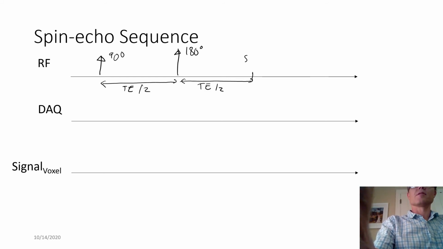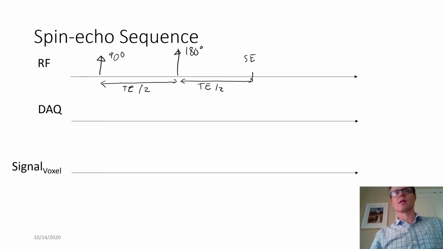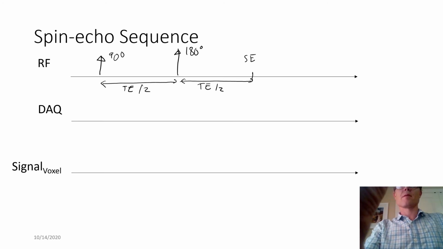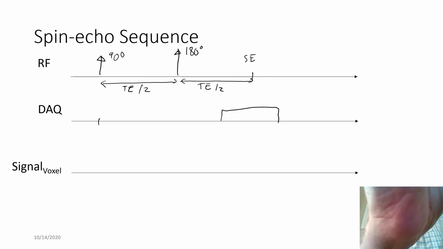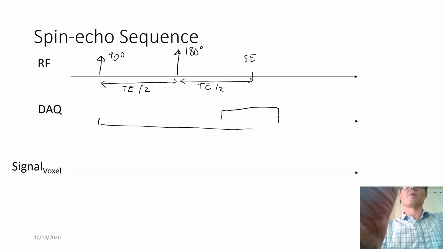So here's our spin echo, sometimes abbreviated SE. We're going to do our data acquisition centered around this.